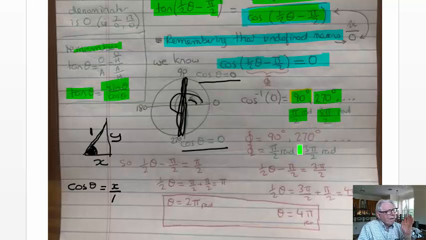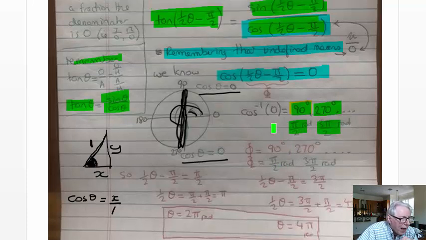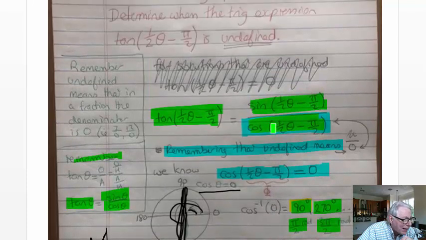And then, okay, a lot of people will put that down as the answer. I bet it's on the multiple choice. But then you've got to realize, oh, hold on, let's look back at our equation. Our equation is not tan theta, it's tan a half theta minus pi over 2.